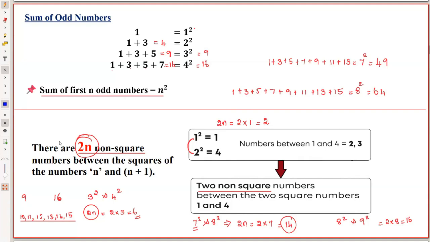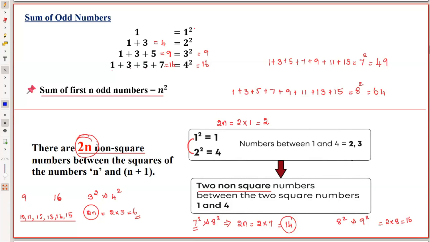Next they will ask how many non-perfect square numbers lie between two given perfect square numbers. That is the question.